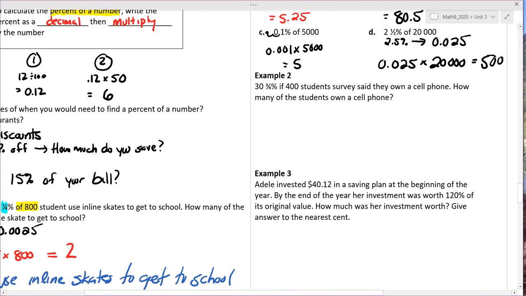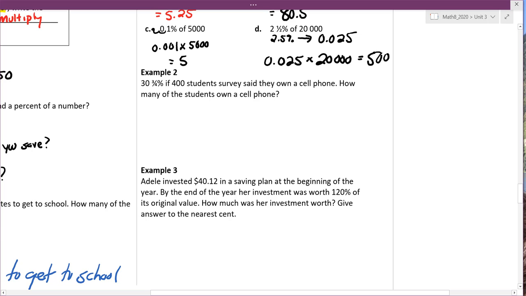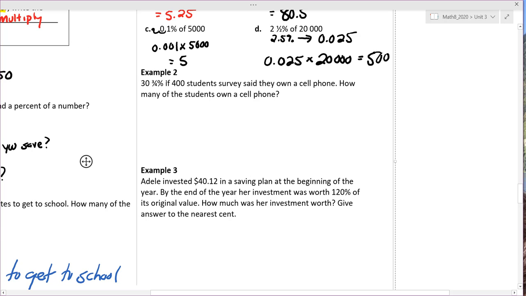Okay, let's go to the other page here. Example 2. So we have 30.75% of 400 students surveyed said they own a cell phone. So how many of the students own a phone? All right.